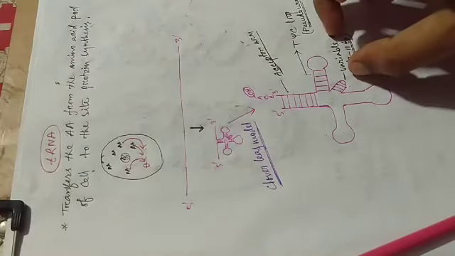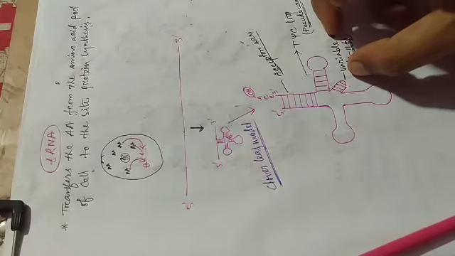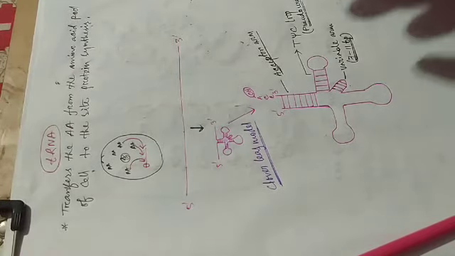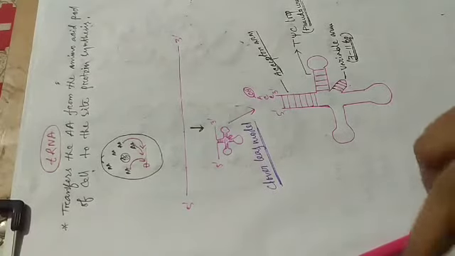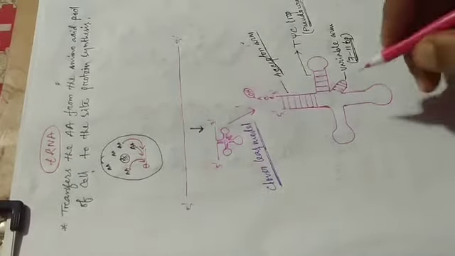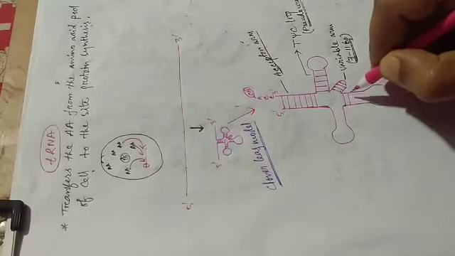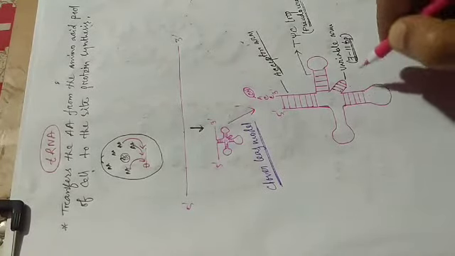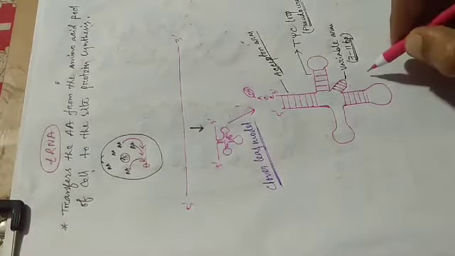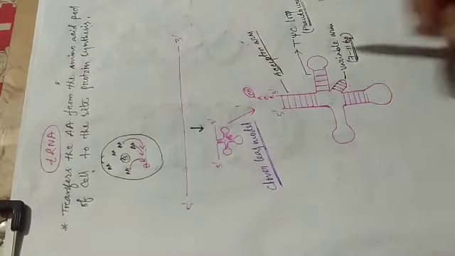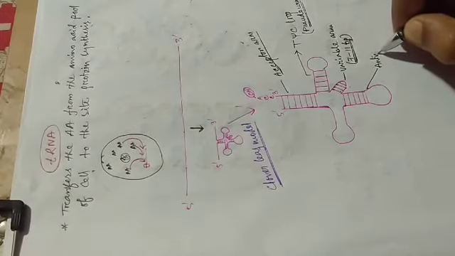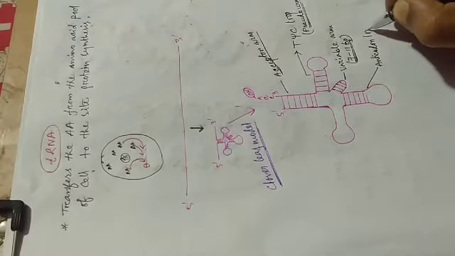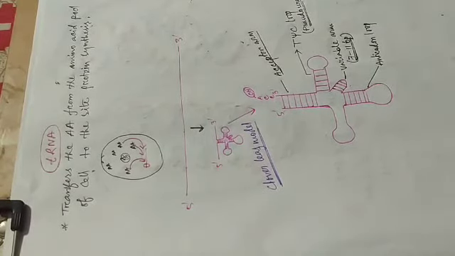This arm has no important role in protein synthesis. It is only formed by the complementary nitrogen bases. And the next loop is called the anticodon loop or anticodon arm. Why?